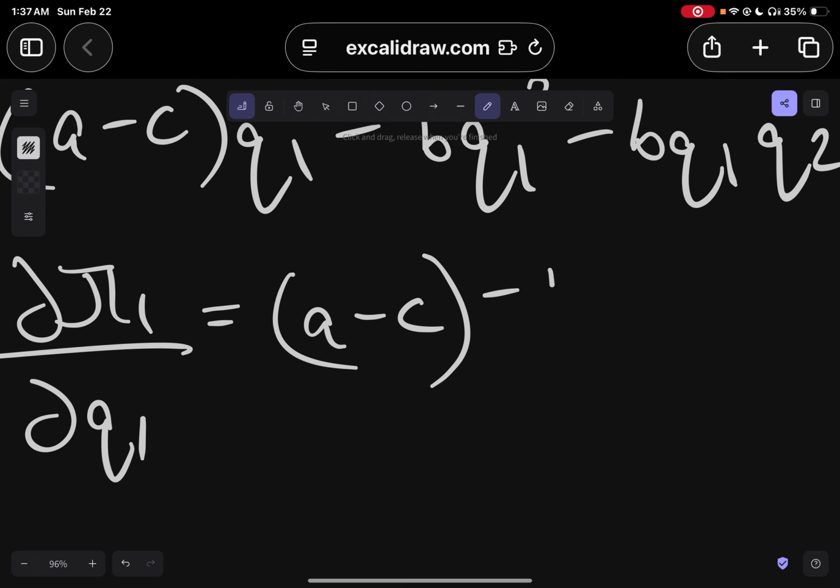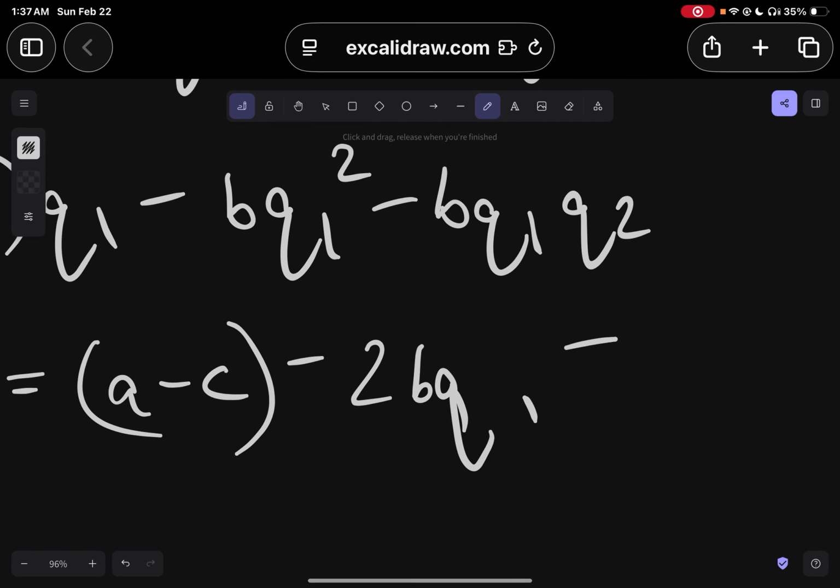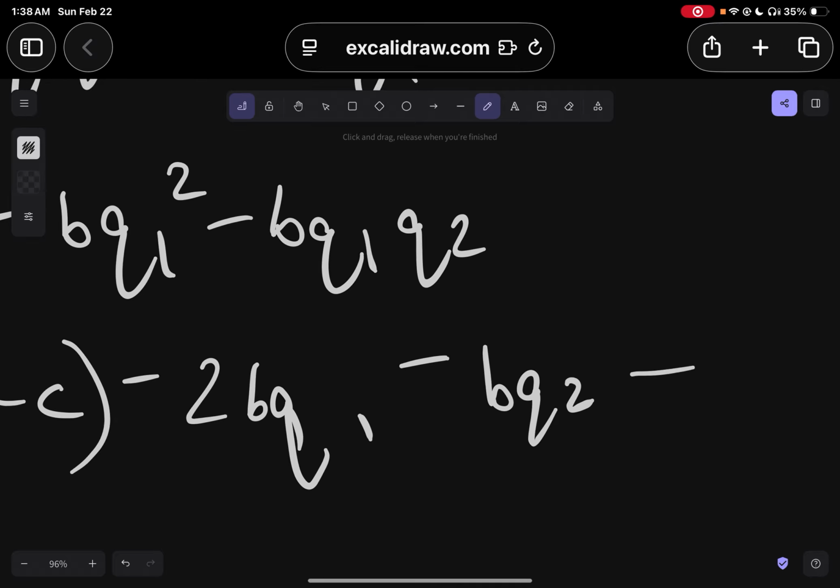So it will come as 2bq1, sorry. This is just basic differentiation of profit with respect to q1. This would be bq2, and it will be equal to 0.